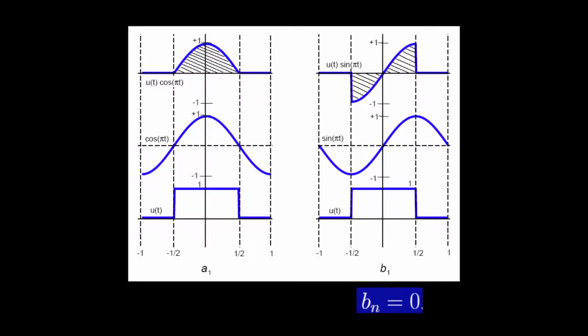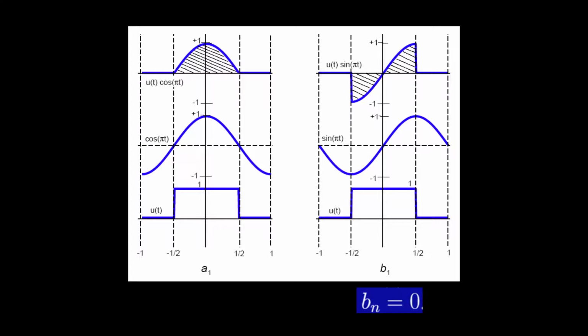We can see that the net area for u(t) sine pi nt is 0. A similar construction for any other values of n, the higher frequencies, shows that the net area of each product function u(t) sine pi nt is 0. Hence, bn equals 0 for all values of n.